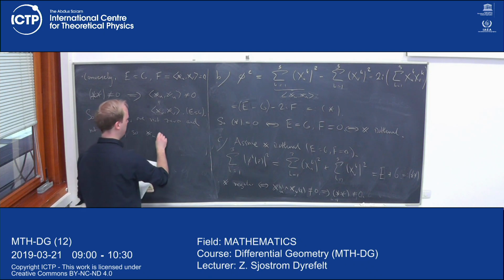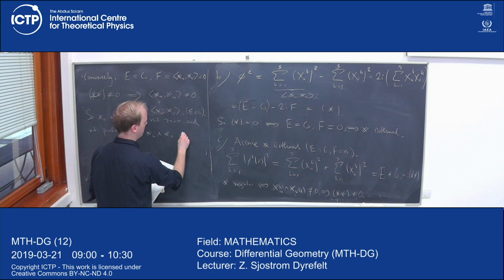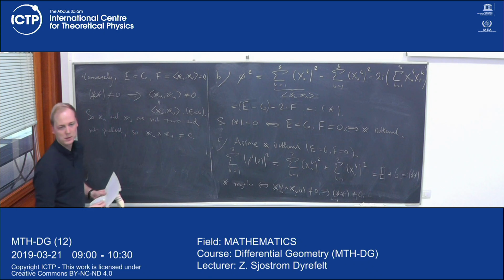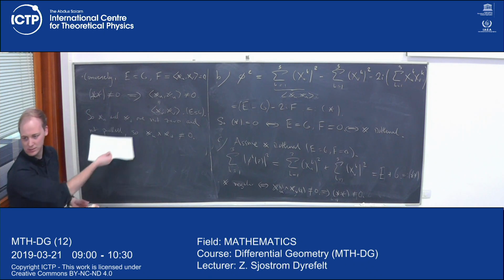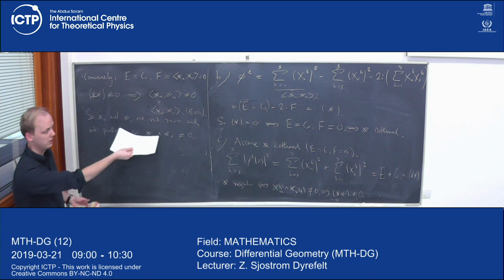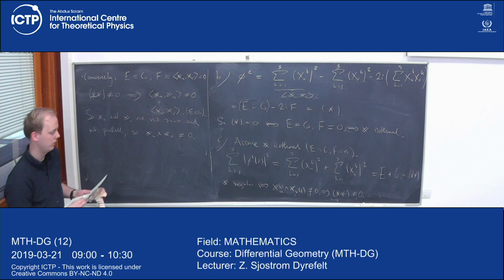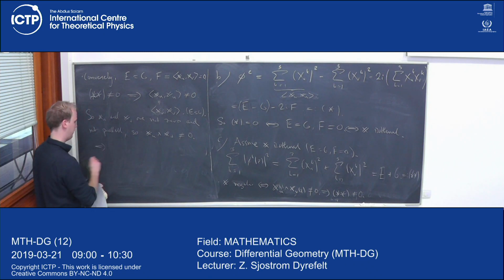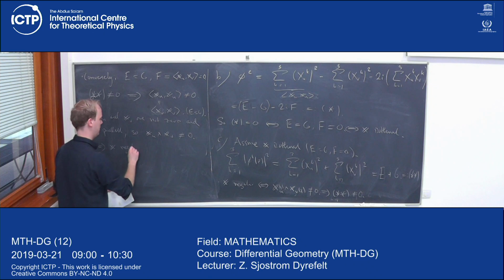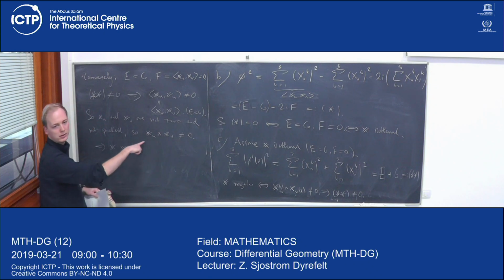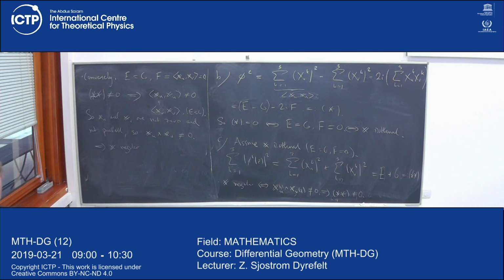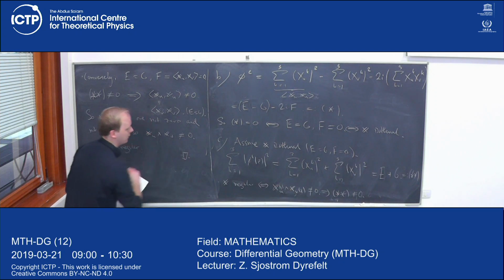So this means that the cross product of Xu and Xv must be non-zero, because only when they are parallel or zero is this thing 0. So this means that X is regular, because this argument is true for any point. So it's regular, and that finishes it.